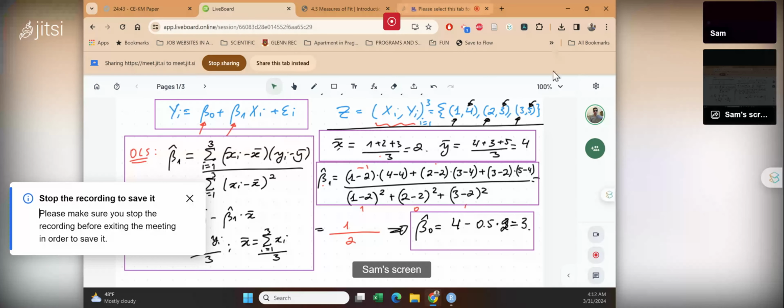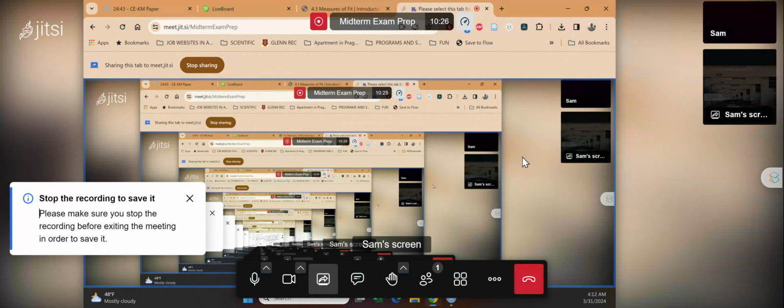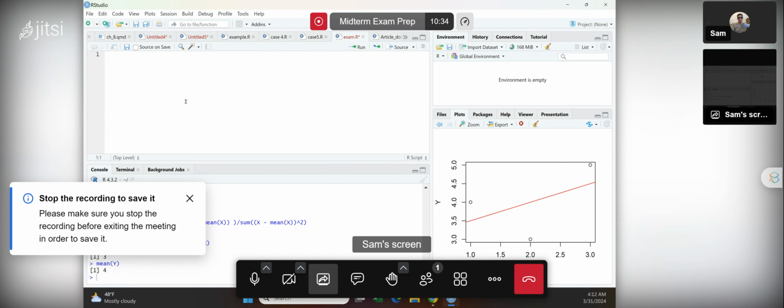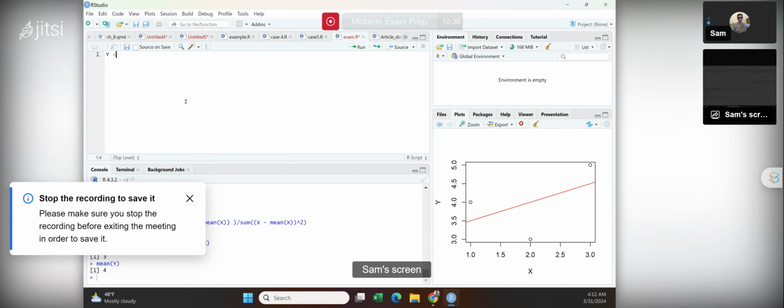So we have, maybe I should start from x values, which are 1, 2, and 3.